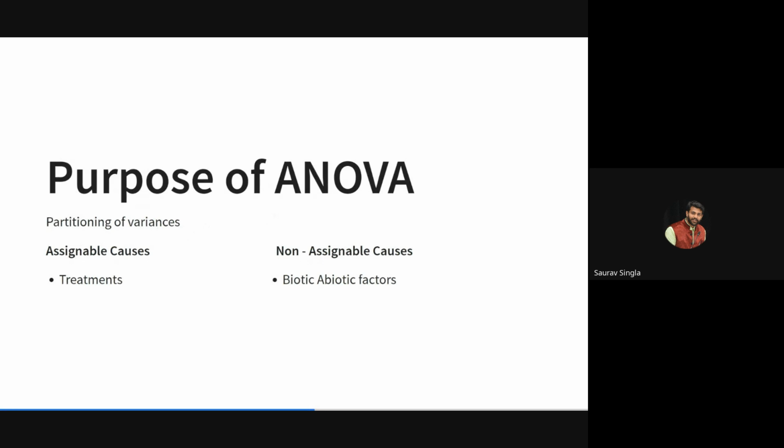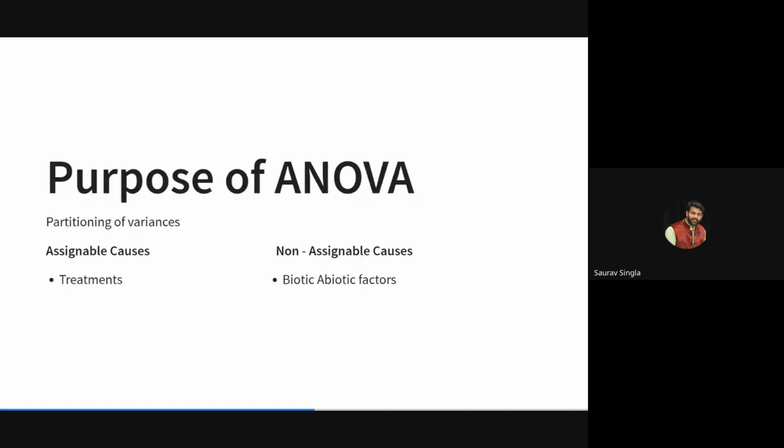your treatment. That means why you are conducting the test, you want to compare one treatment with another treatment, right? That is the purpose. You want to compare one group with another group, or you want to compare several groups, because of some variable.